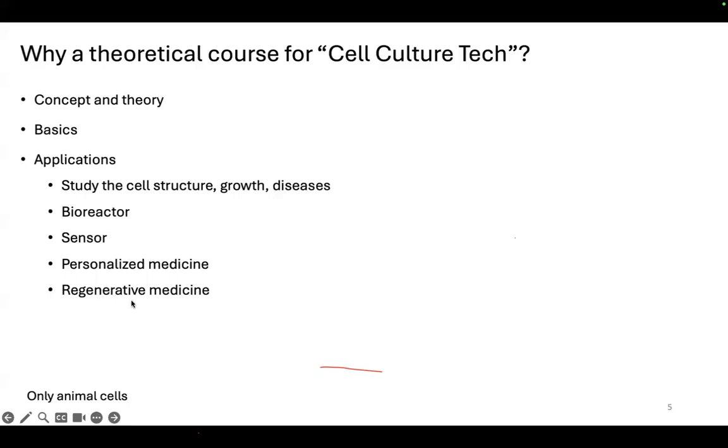Regenerative medicine, on the other hand, is, like we talked about, injuries to the heart or the brain cannot be treated on their own because the cells don't know how to divide anymore. Okay, they're like, we made the final thing and that's it. Evolutionarily, that's how it has been.